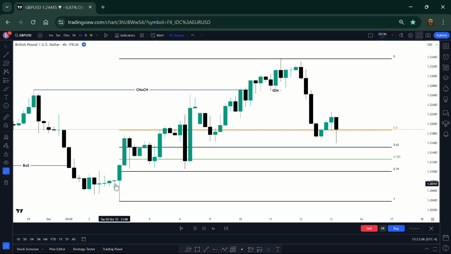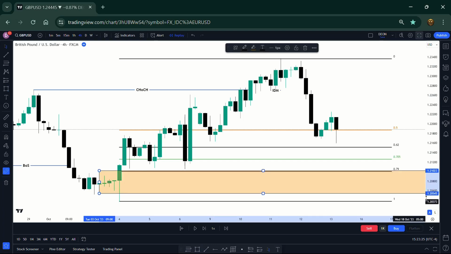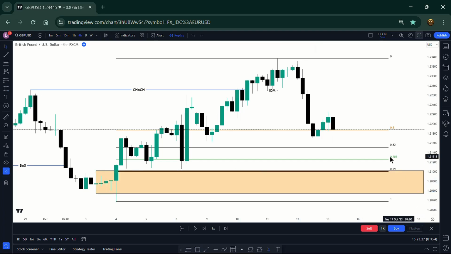So we can mark this candle right here. This is our POI.